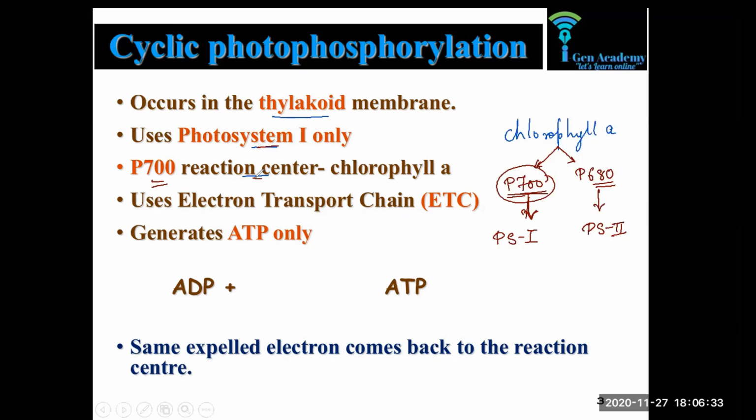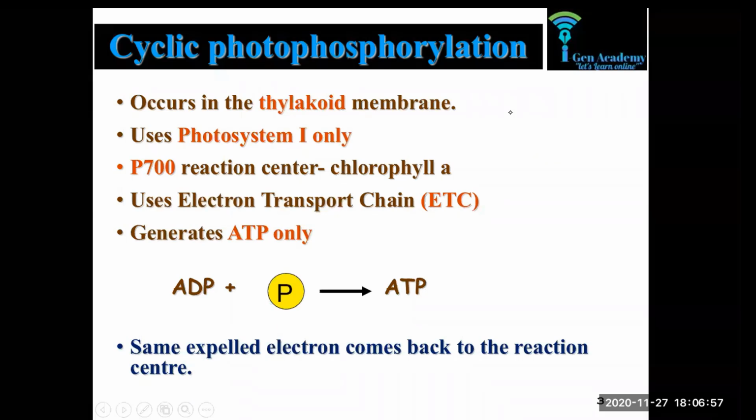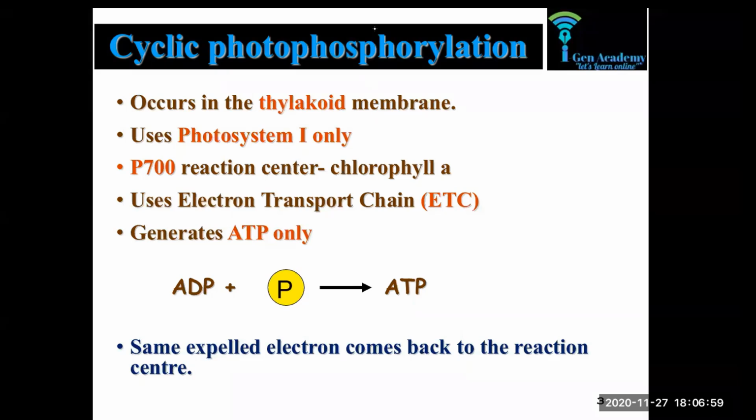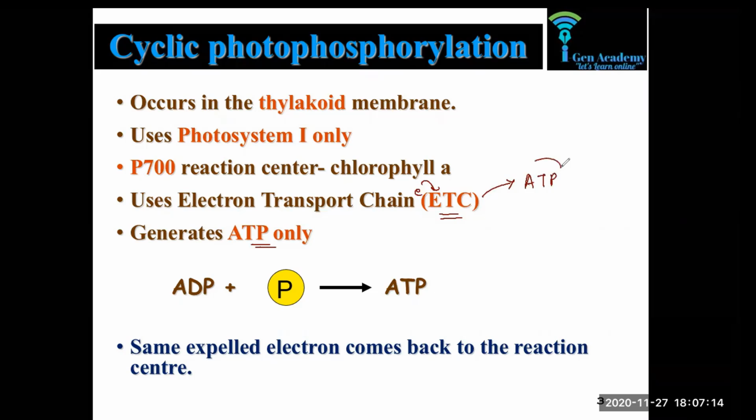The reaction center of chlorophyll A gets activated on receiving sunlight, and P700 will expel the electron, and that's the reason we call this an electron flow. In cyclic photophosphorylation, we get the formation of ATP. Whenever the electron transport chain receives an electron, it produces energy in the form of ATP.